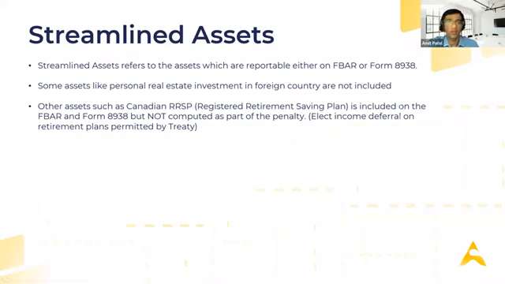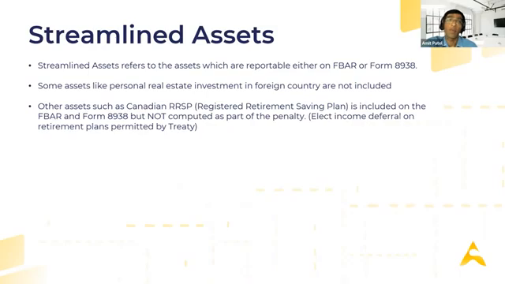What are you supposed to report and disclose under streamlined? Whatever you haven't reported in terms of FBAR or Form 8938 and various forms that we talk about. If you have real estate in a foreign country, say India, is it a foreign financial asset that you are required to report? The answer is no. Again, say a Canadian RRSP, which is sort of like a US 401k plan.